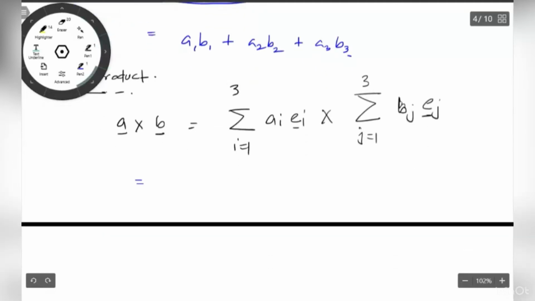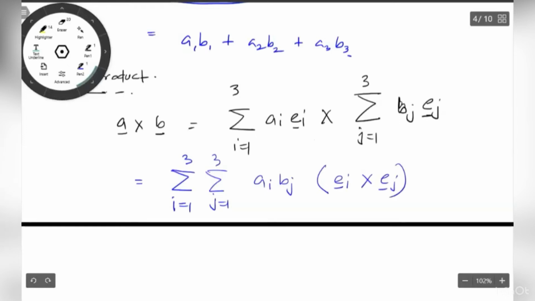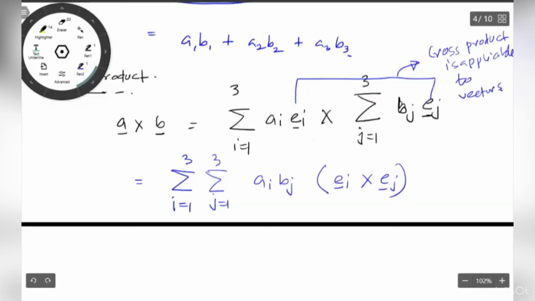Or, the double summation over i and j equals 1, 2, 3, of ai bj, ei cross ej. Look here: this cross product only acts between vectors, not scalars.